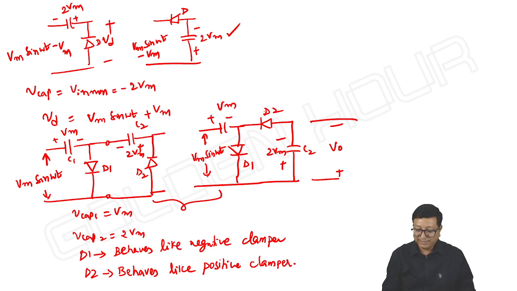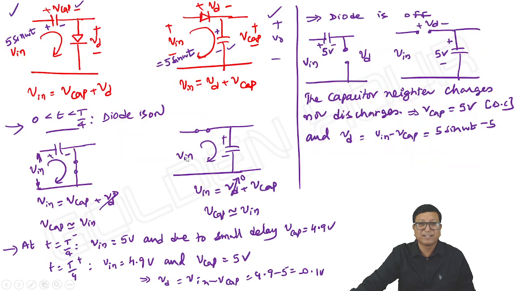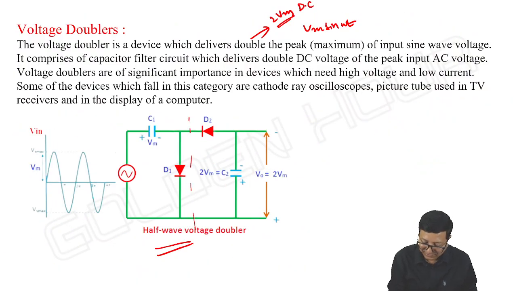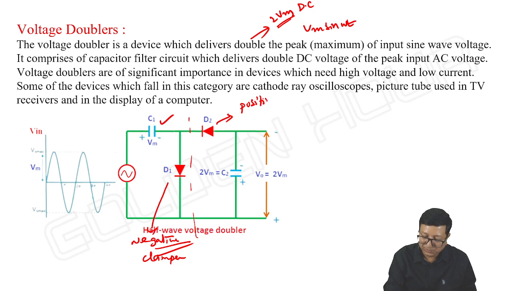Okay. This circuit is a voltage doubler circuit. This is what is shown at the very beginning. This is like a negative clamper. C1 will charge to Vm with polarities and D1 behaves like a negative clamper. And D2 behaves like a positive clamper.